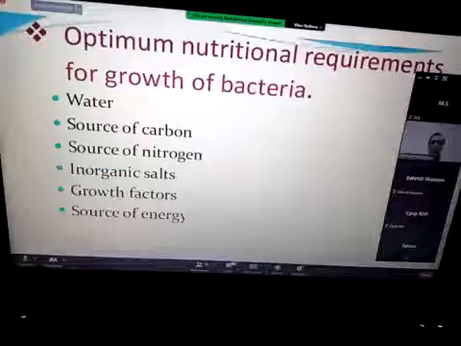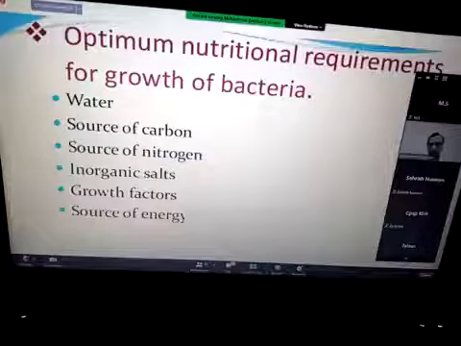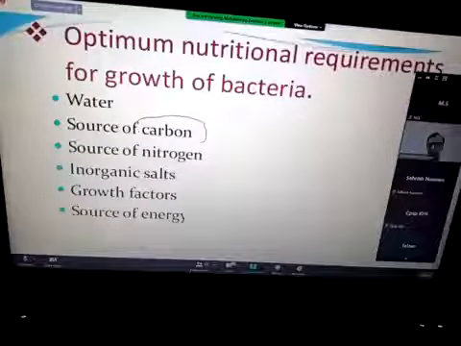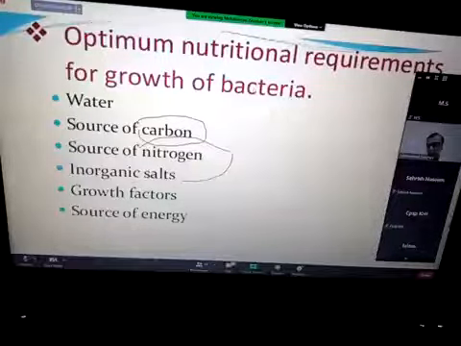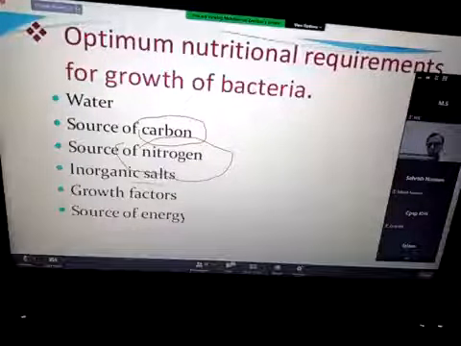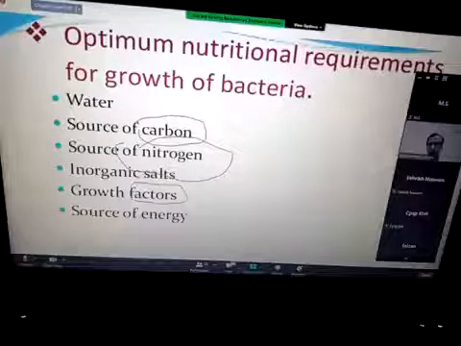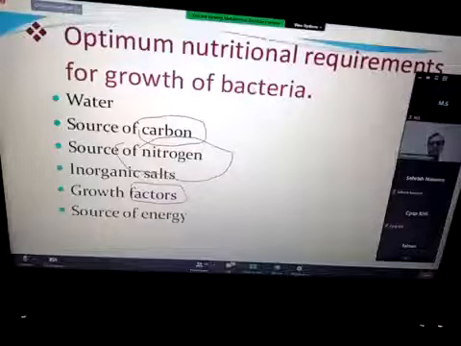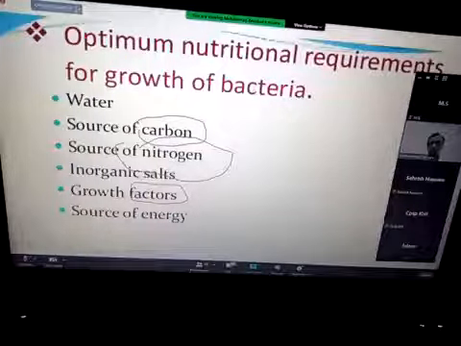For optimal growth, bacteria need water. Essentially, they need different nutrition, which includes carbon, nitrogen, inorganic salts, growth factors, and a source of energy. For example, Haemophilus influenzae requires growth factors: X factor and NAD factor.